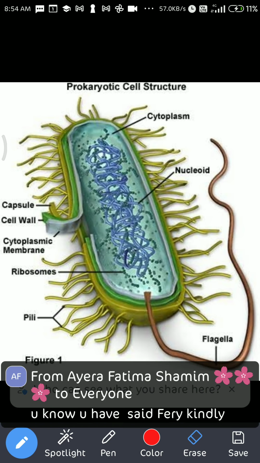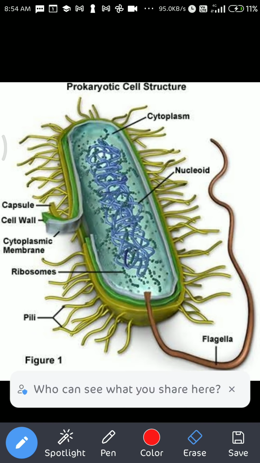This is the DNA, just embedded in the cytoplasm, a gel-like structure. It does not have a proper nuclear boundary, membrane or envelope around it. So this type of nucleus is known as prokaryotic.